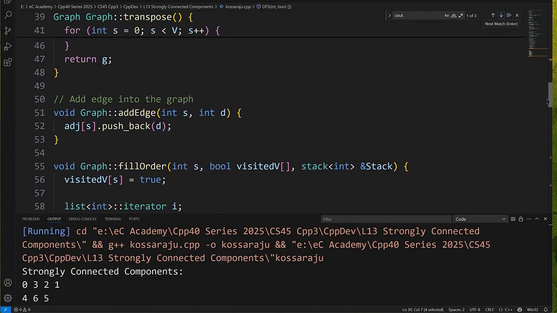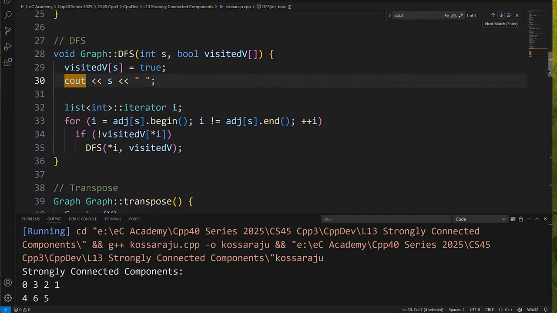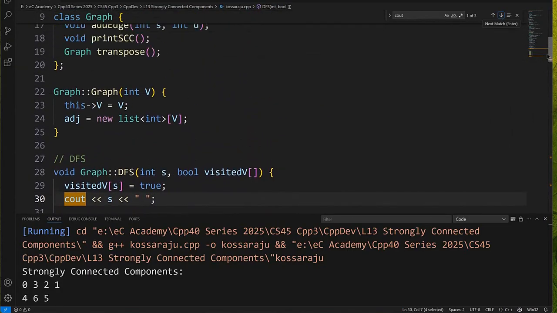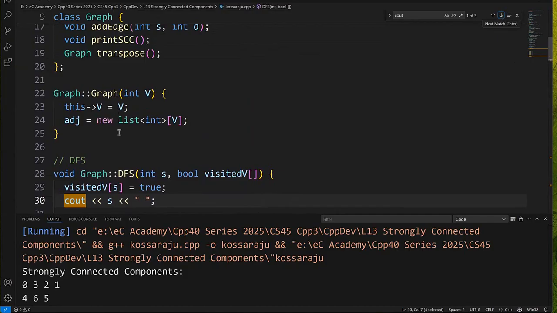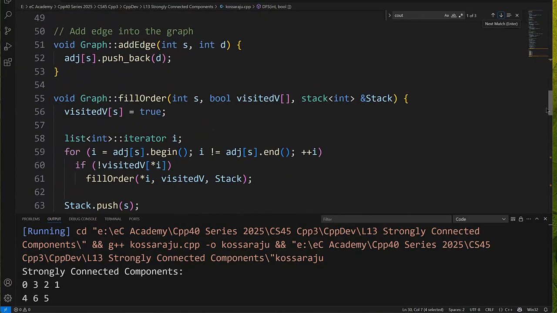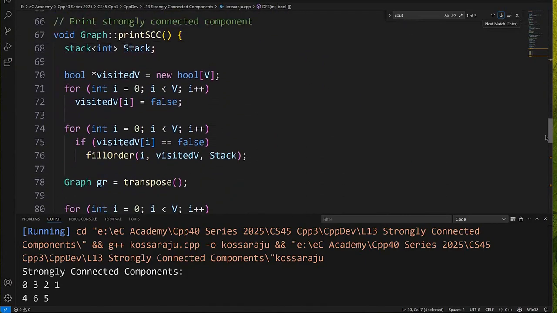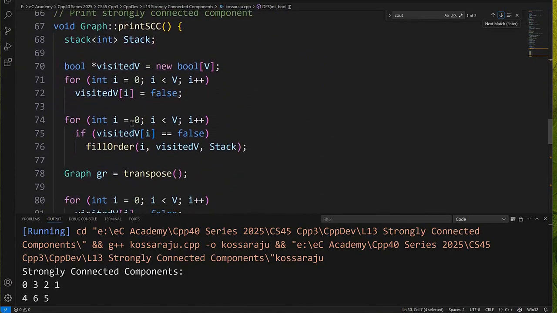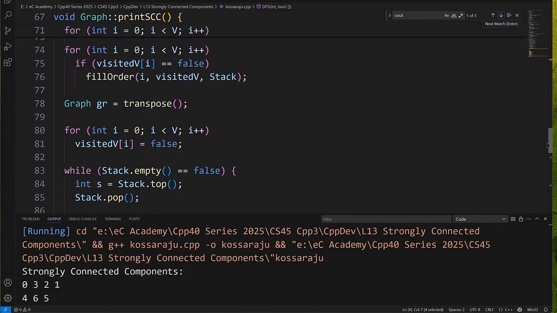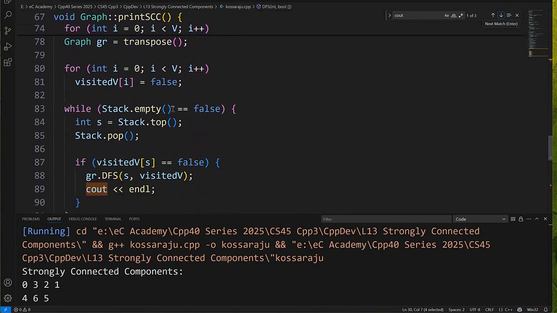When you have a constructor, you build the whole so-called edges. Basically, this prints out a strongly connected component based on this visited array, and then computes the reverse graph, and then finally you pop out all the stack, and if the stack can no longer visit a certain node, you will change line. You will just do change line.